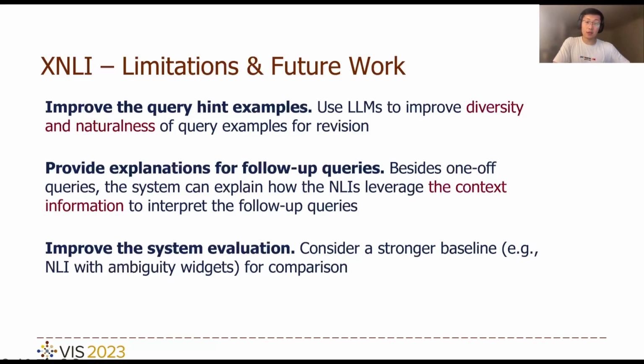Our system currently targets one-off queries, and the system can explain how the NLIs leverage the context information for follow-up queries. And finally, we can also improve the system evaluation by considering a stronger baseline, such as an NLI with ambiguity widgets for comparison study.